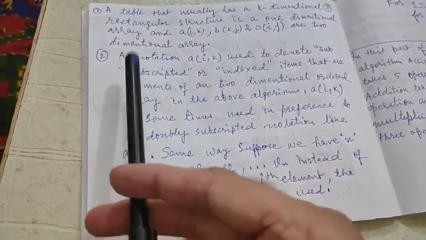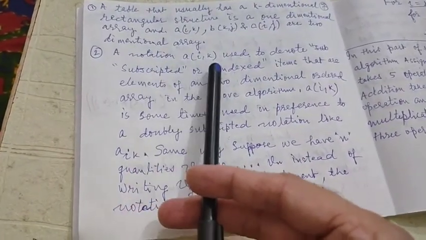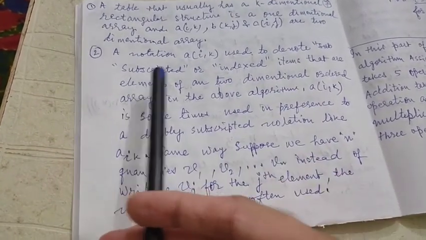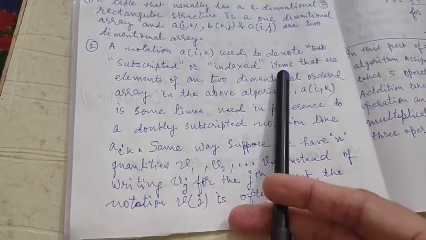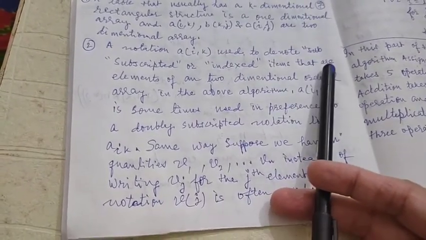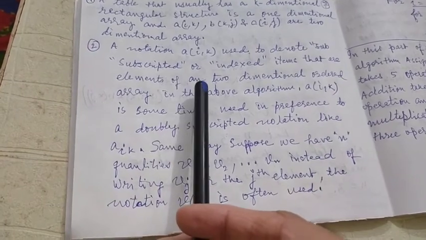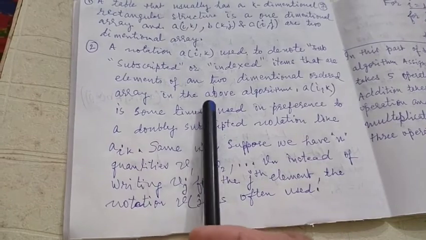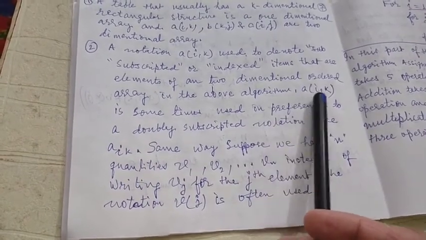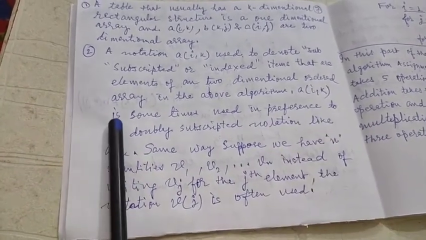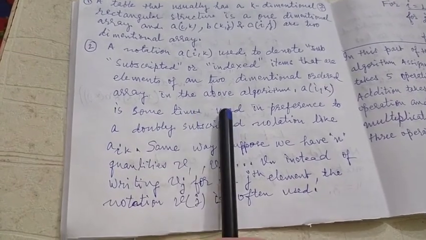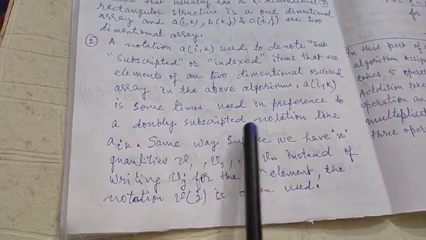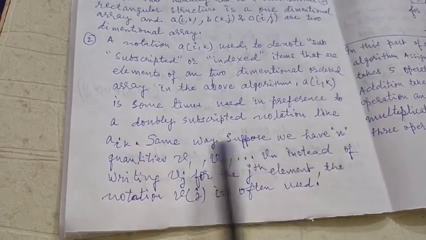In notation, Aik is used to denote subscripted or indexed items that are elements of a two-dimensional ordered array in the above algorithm. Aik is sometimes used in preference to a doubly subscripted notation.